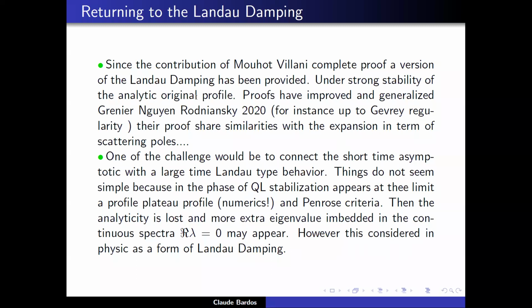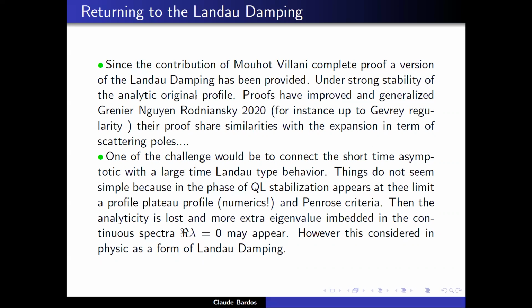Now, if you have no eigenvalue, this proof can be simplified with some use of the Dunford calculus, and it is in the spirit of the paper of Grenier, Nguyen, Rodnianski. There are a certain number of things which can be simplified.